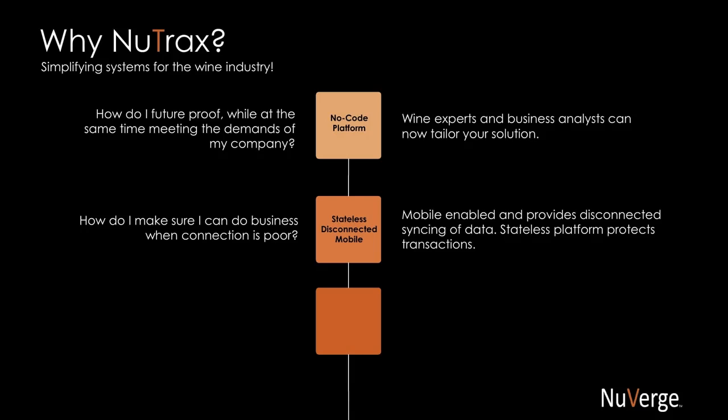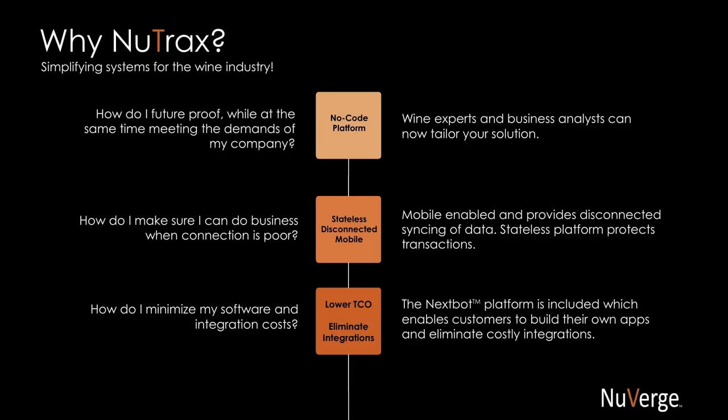How do I minimize my software and integration costs? The Nextbot platform is included, which ultimately enables our customers to build their own apps. So let's say you need to do something outside of the specific wine solution. You have an Excel spreadsheet that has macros, and you're having to maintain it, and you've got a guy in the corner making sure it works, and if he's not available, what do you do? Well, why not build that in the Nextbot platform?